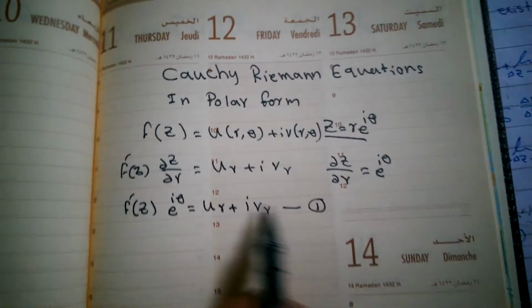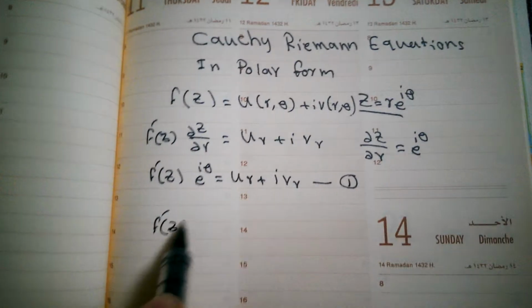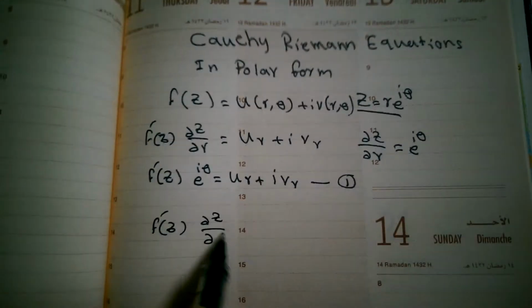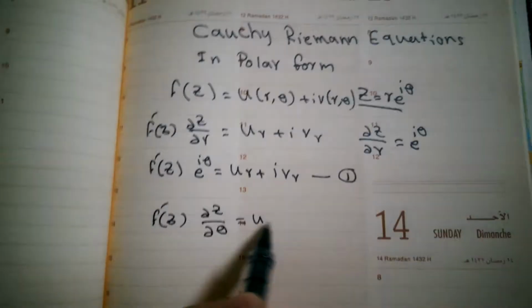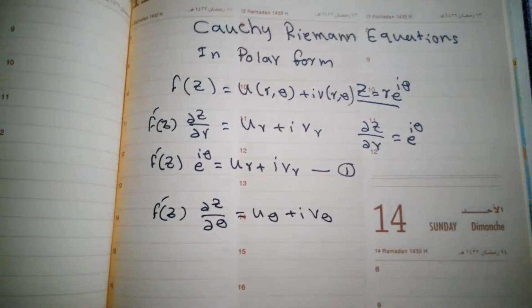And now we go similarly, but with respect to theta. We get f dash of z partial z by partial theta is equal to u sub theta plus i v sub theta.